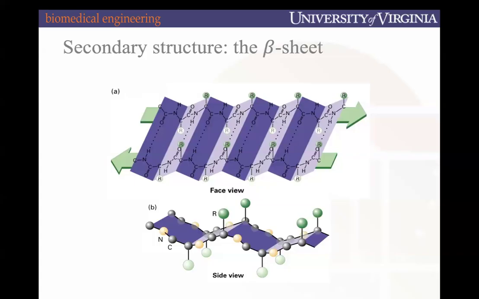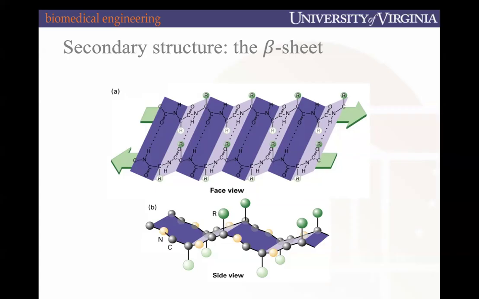And so the structure kind of resembles a corrugated aluminum ceiling, if you guys have seen those on some sheds. And so we call this an anti-parallel beta sheet because these peptide strings are going in opposite directions.